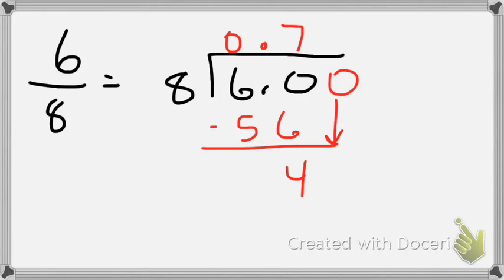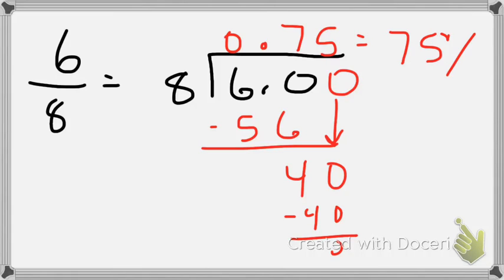Add your 0, bring it down. 8 into 40 goes 5. And your answer is 75%. To me, this way is easier, and I show them this way instead of reducing and then changing it to 100. But if they would like, either way is fine as long as they get the correct answer.